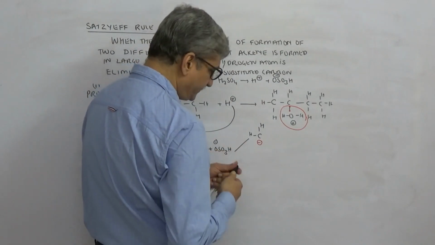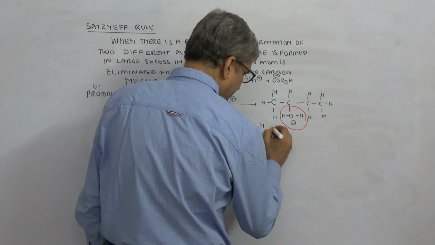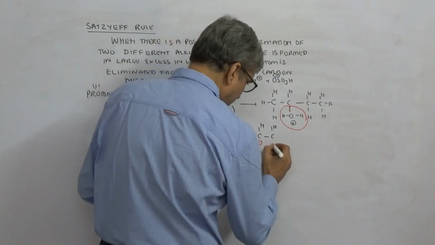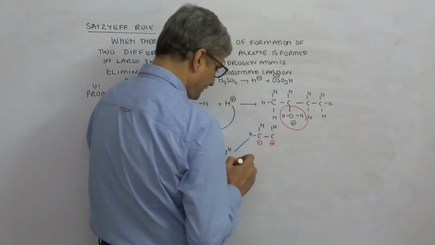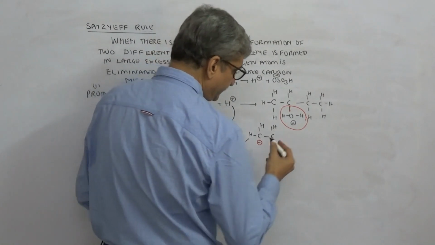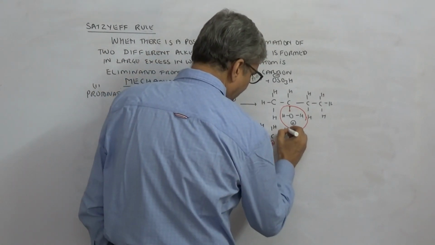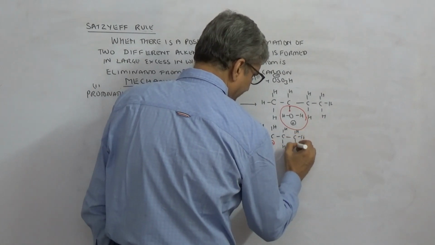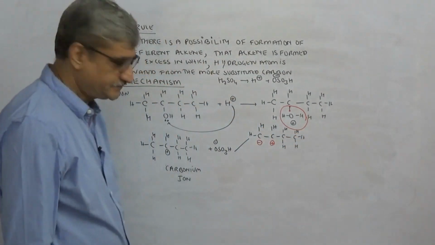Then what do we have? We have CH, then this carbon has gone, so it is plus. And then we have CH2, CH3. This is one possibility.